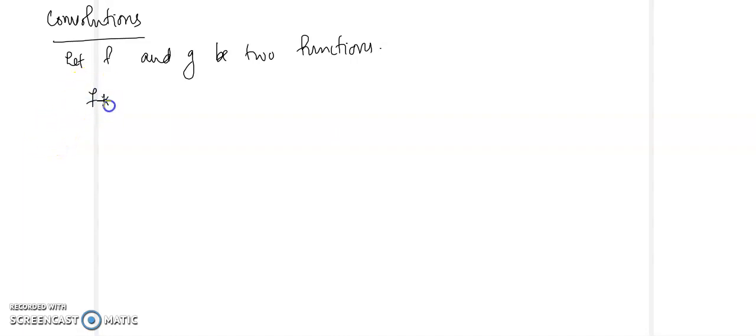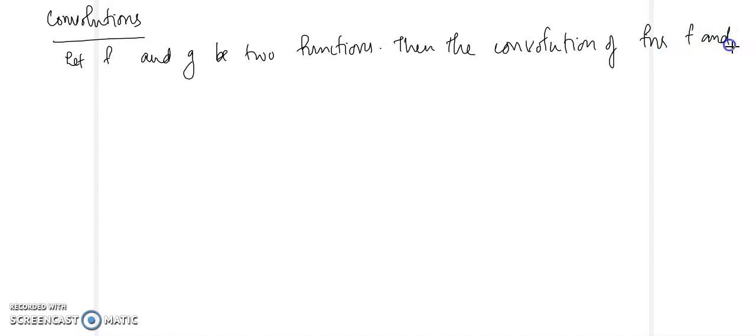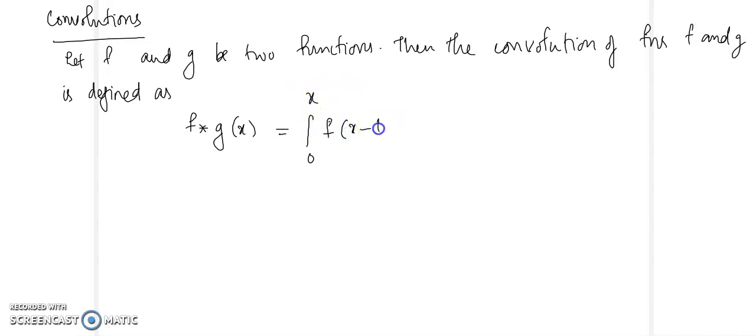By convolution, denoted by f star g, we mean the function f star g of x given by the integral 0 to x of f of (x minus t) g of t dt.